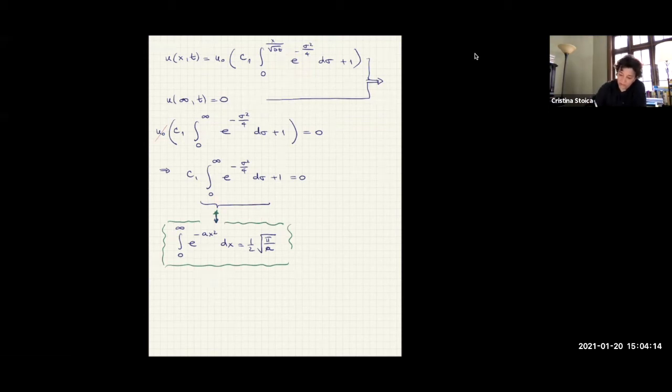So now I'm going to use this formula here, and all together now, we're going to end up with C1 root pi plus 1 equals 0. In this case, a is 1 over 4, so we get that C1 is minus 1 over root pi.